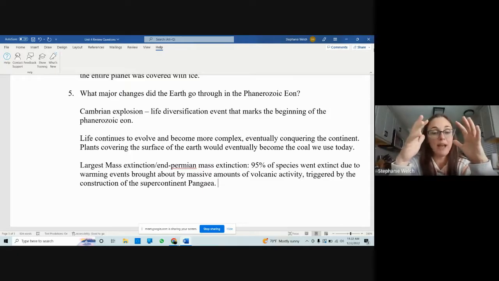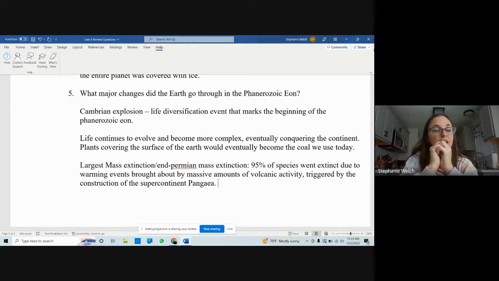But the big thing that happened that probably triggered most of the mass extinctions that took place during this time was that these continents being all piled up on one part of the Earth created a lot of buildup of heat in the mantle underlying the supercontinent, which then led to all this volcanic activity, producing a lot of CO2 in the Earth's atmosphere, which then caused atmospheric warming and warming in the oceans.